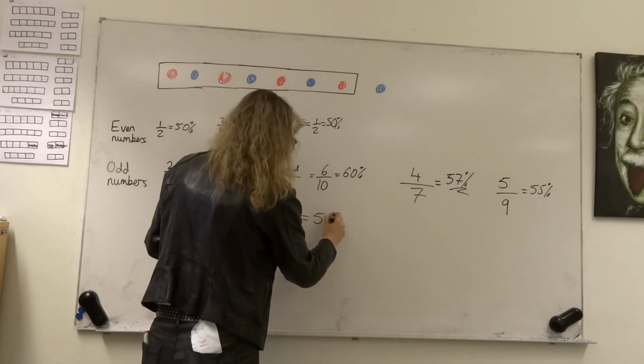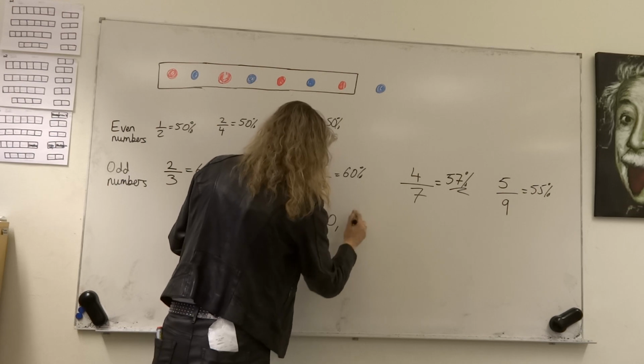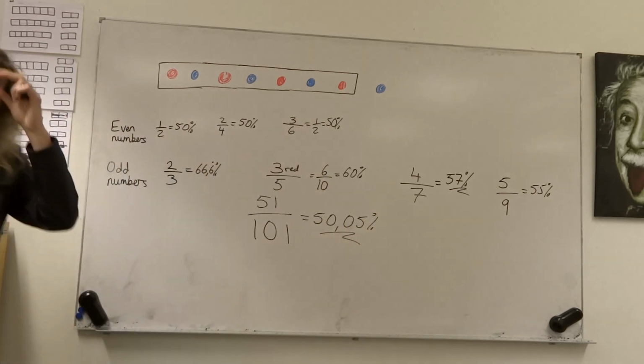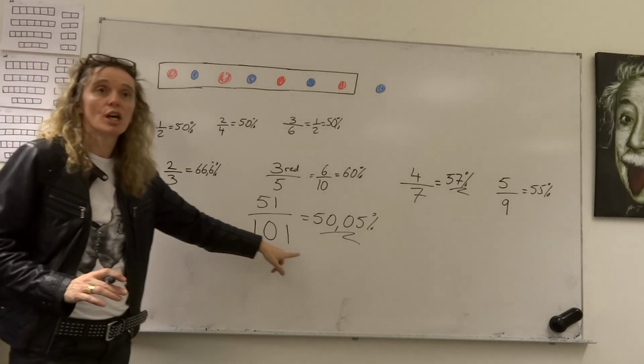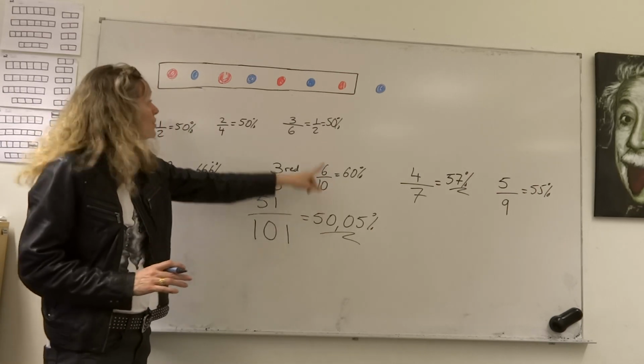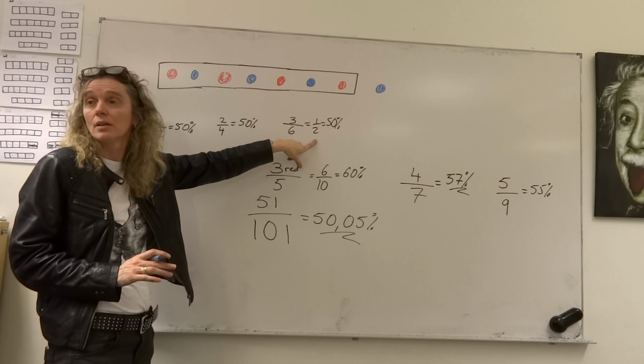Now we'd get 50.45%. So as the number of marbles gets larger and larger and larger with odd numbers of marbles, we get closer and closer to the 50% that we had when we had even numbers.